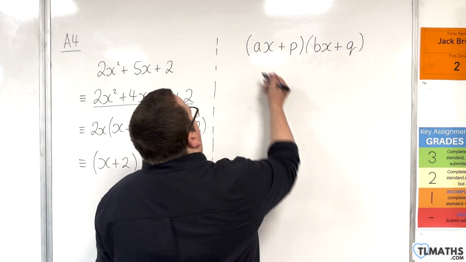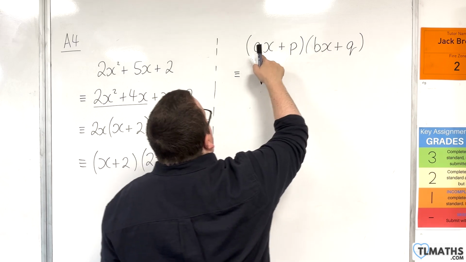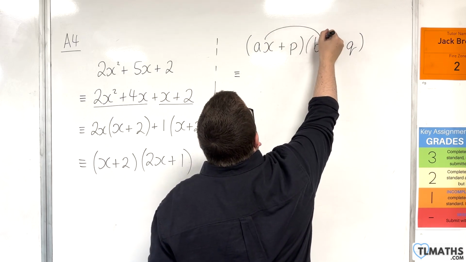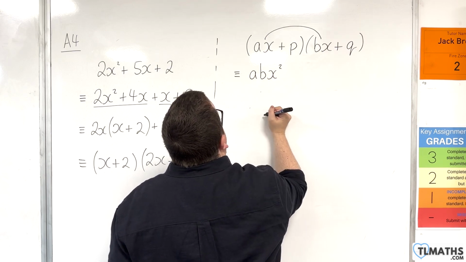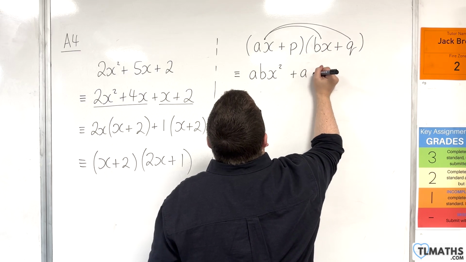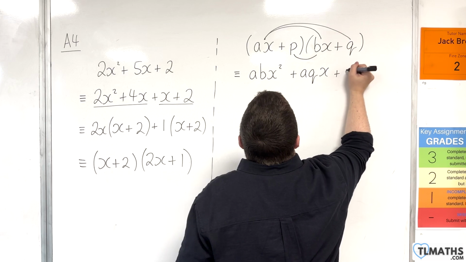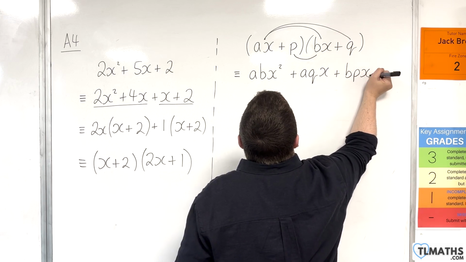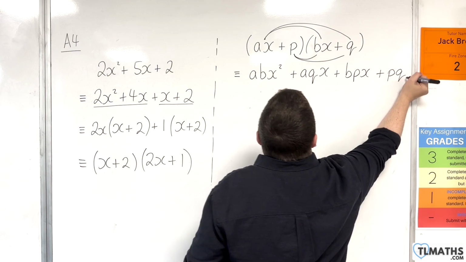Now, if I were to expand these brackets out, I would have ax times bx, which is abx squared. I'd have the ax times the q, so aqx. The p times the bx, so bpx. And then the p times the q, so p times q.